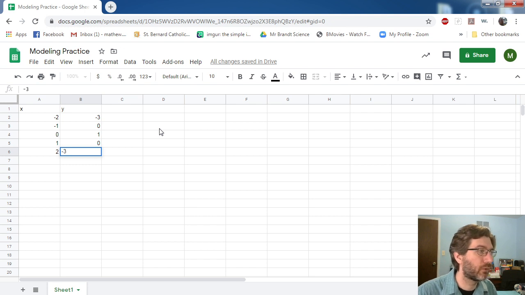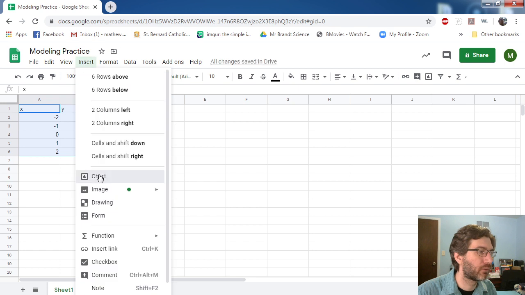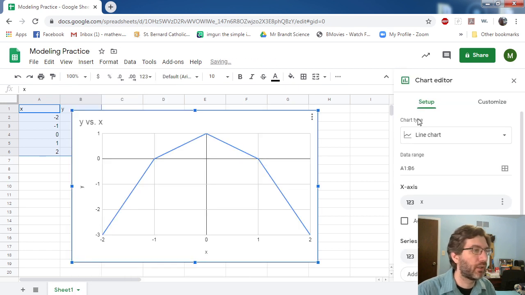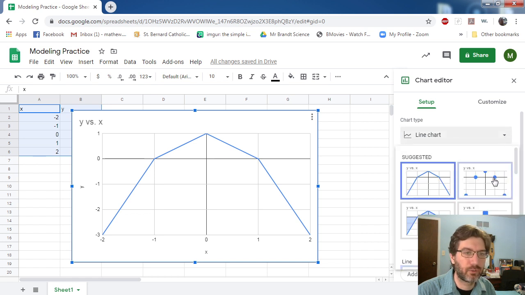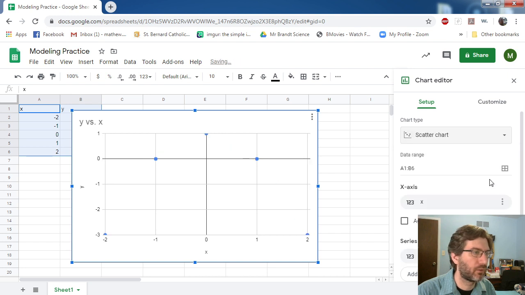So what we're going to do is we're going to highlight it and go to Insert, Chart. And our chart, we do not want a line chart. We want a scatter plot. So under setup, change it to scatter plot, just like that.